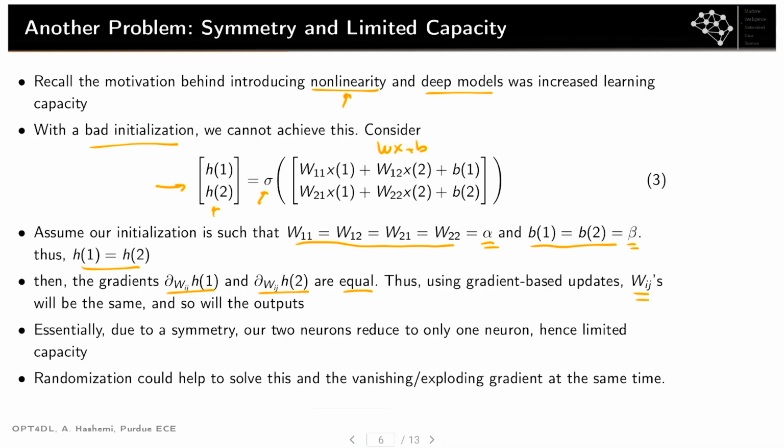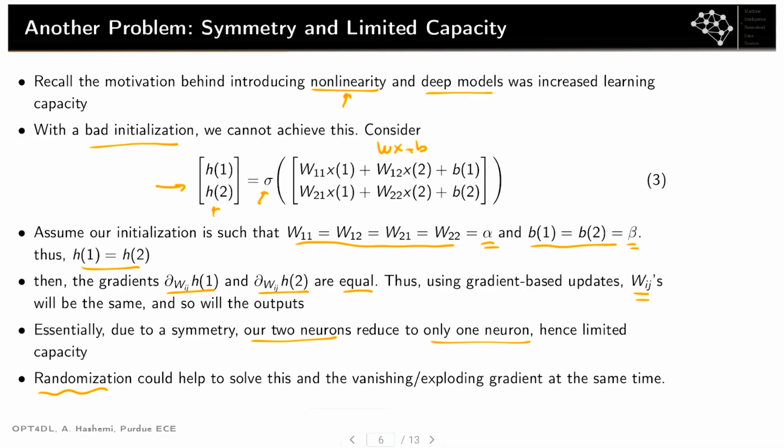So there is a symmetry here. Our two neurons are reducing to only one neuron, and the capacity is reduced. This is an example that is easily avoidable if we introduce randomization. We're going to use randomization a lot in the optimization of deep learning models.